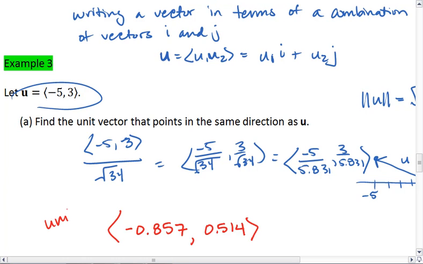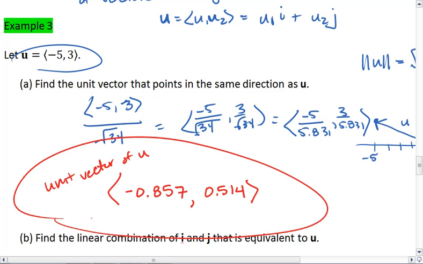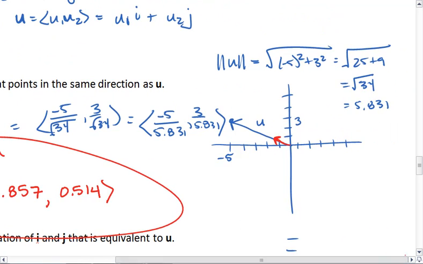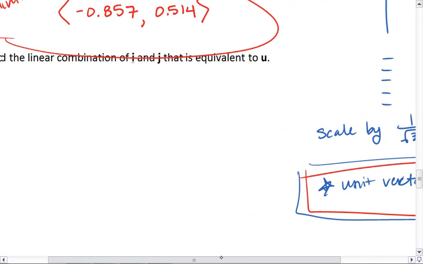That is our unit vector of u. So again, the general process is you find the magnitude of u, and then you just divide each component by that magnitude.